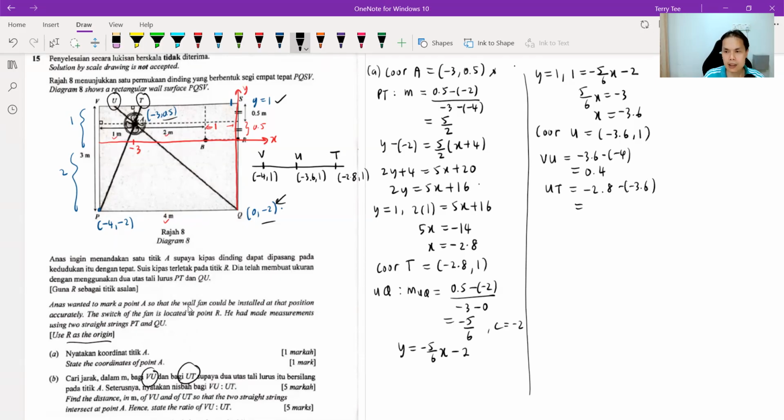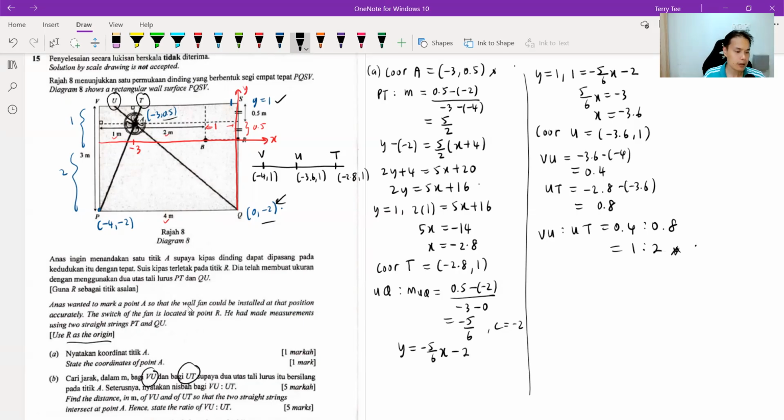The difference is 0.8. So we are supposed to find the ratio VU:UT, which is 0.4 to 0.8. The ratio is 1:2.